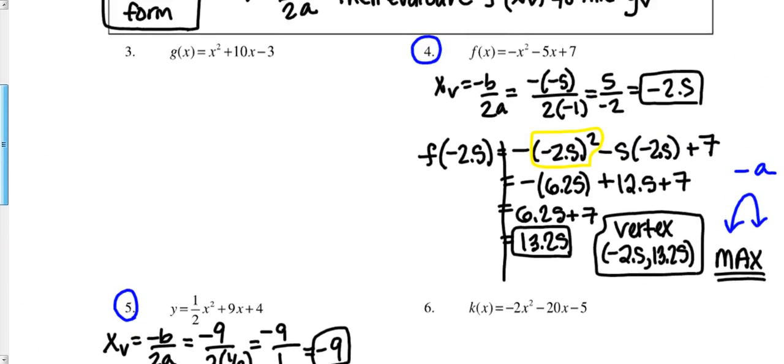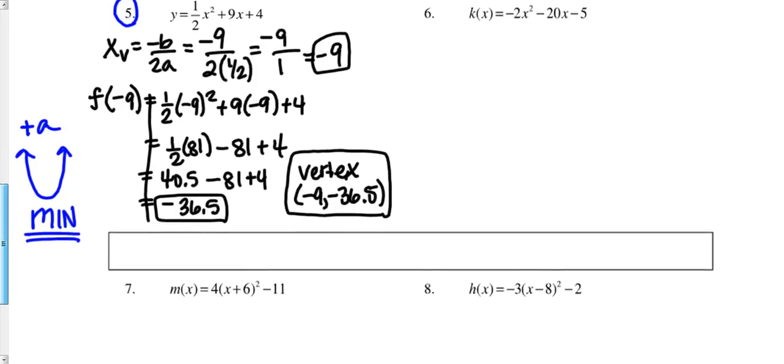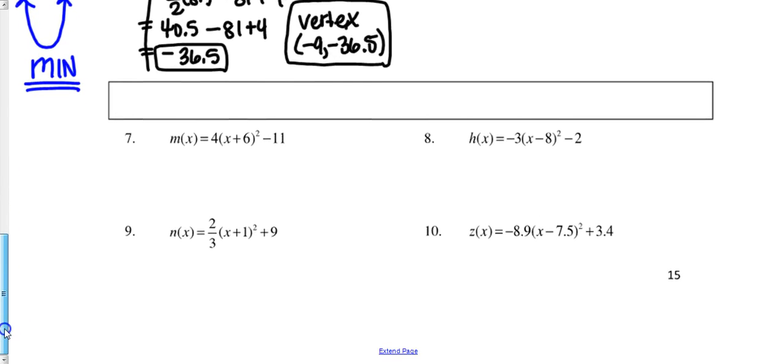So I will be leaving 3 and 6 for you to do in a minute. Let's look at our second type of quadratic, which here is vertex form. And notice, very little space to write and very little space to work, because vertex form is awesome.